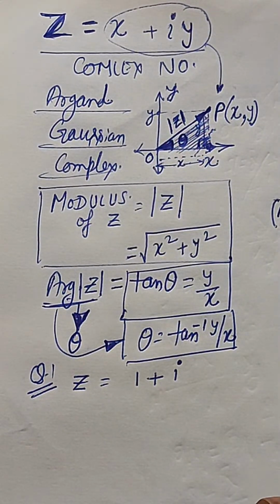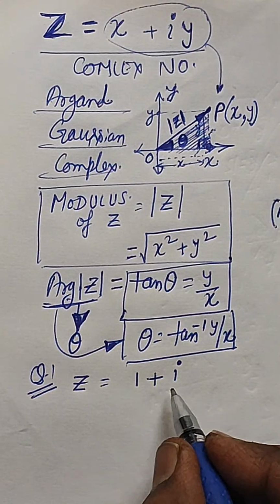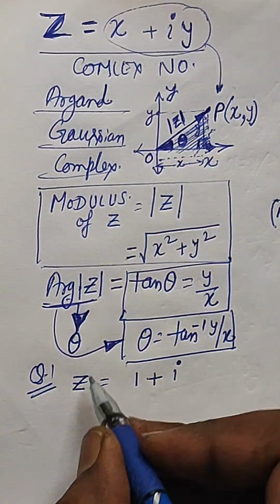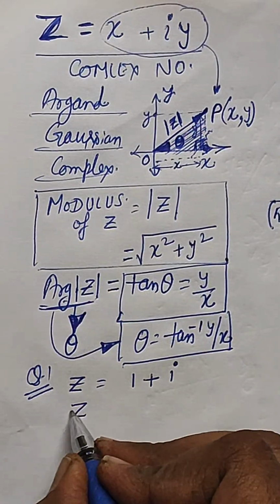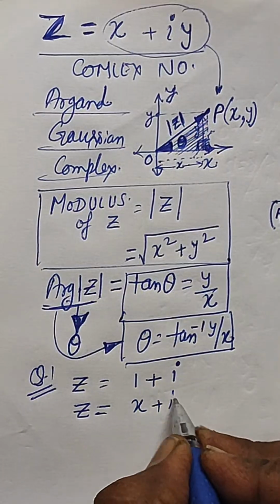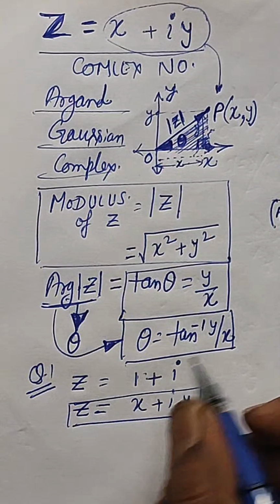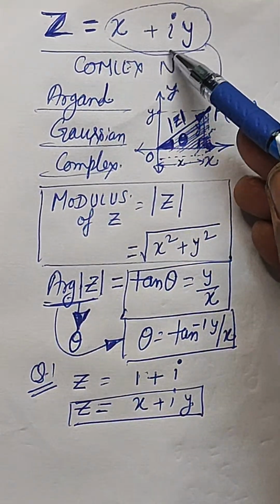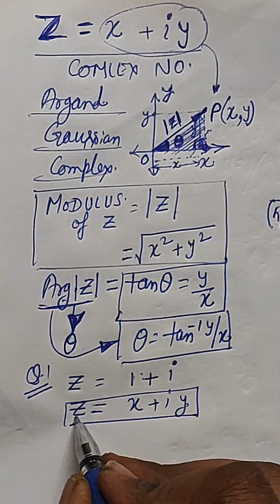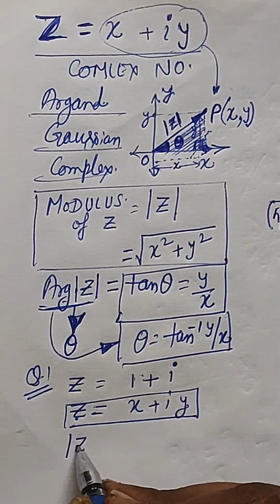How to find the modulus of this? If you put any complex number z into its standard form, x plus iy, just recall, this is the standard form. Then z can be represented as x plus iy, and what will be the modulus?